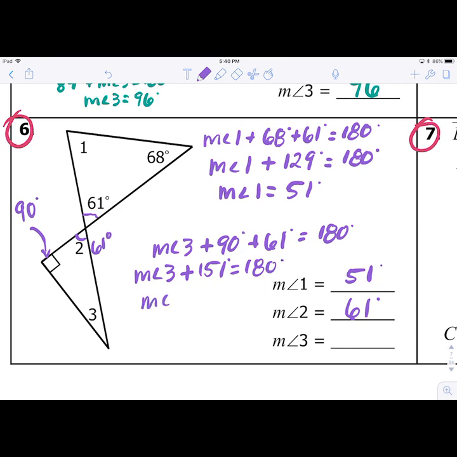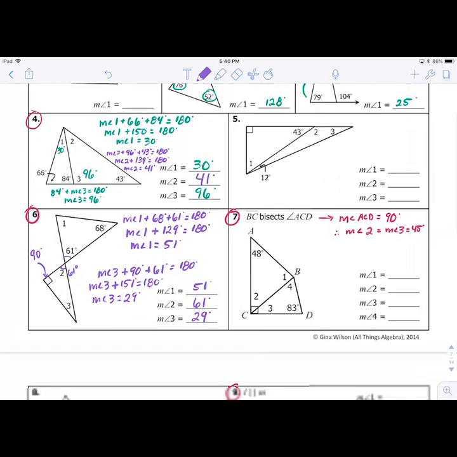The measure of angle 3 will equal 29 degrees. All right, easy as that.